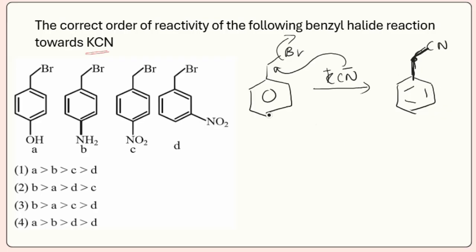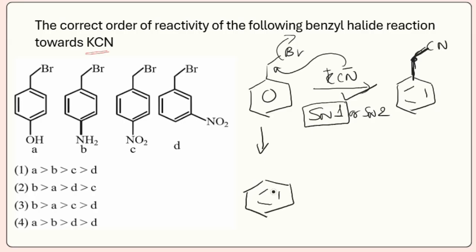Now, what type of reaction is this? As I told earlier, it's a nucleophilic substitution reaction, but is it SN1 or SN2? Generally, the primary halides will undergo SN2, but in this case, although this is primary halide, it will undergo SN1 reaction because in SN1 reaction, the formed reaction intermediate is a carbocation, and this carbocation is stabilized by the benzene ring.